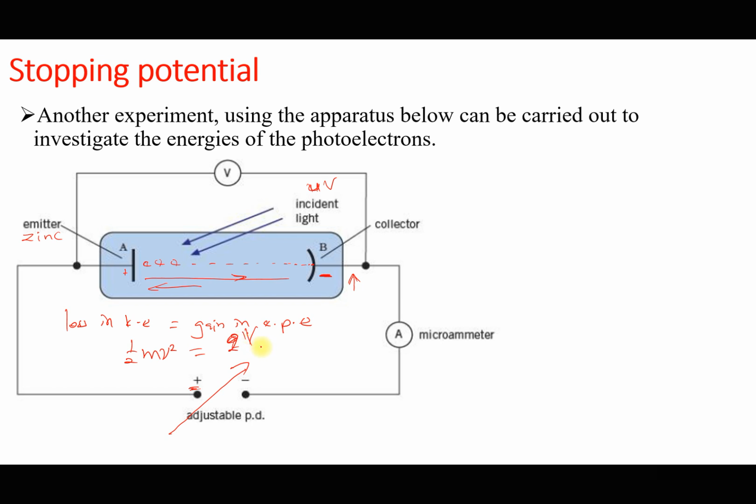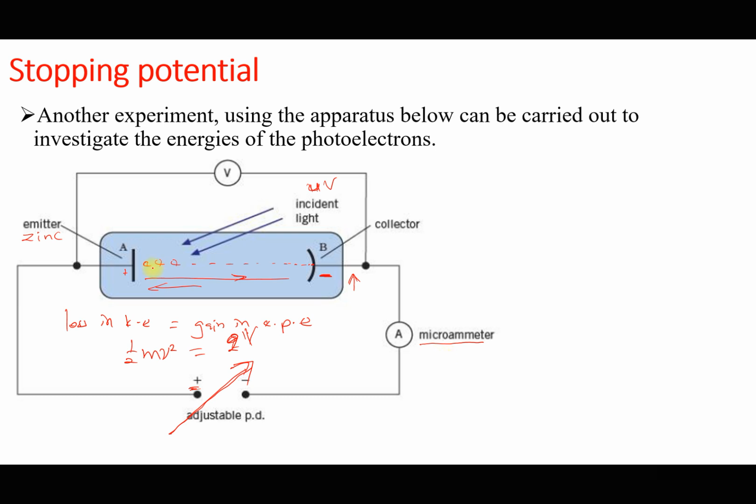If the voltage between A and B is gradually increased, it means the force of repulsion from B is also increased, which means the current registered in the microammeter goes on decreasing, because electrons experience more repulsion from B, and therefore most of them may not be able to reach point B. As we adjust the PD between A and B, a point is going to be reached where the microammeter reads 0.